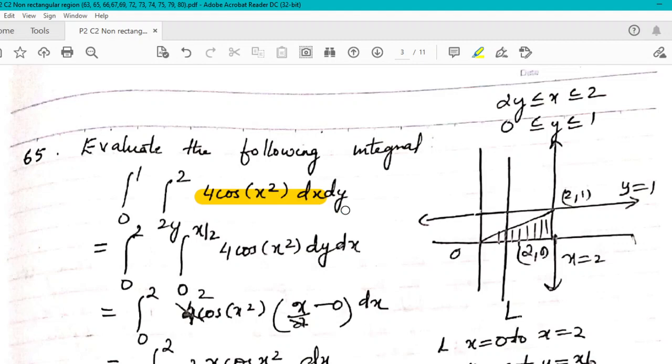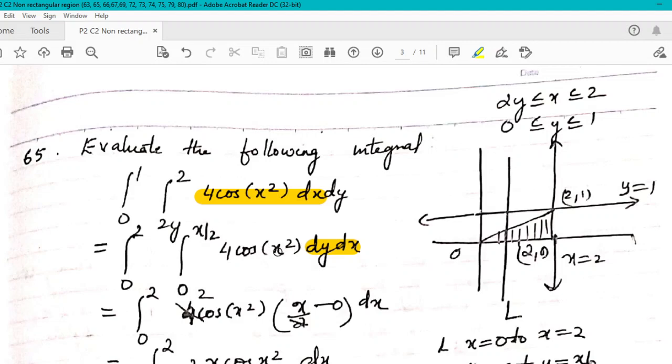But we are learning double integral, so we can think about changing the order of integration. Suppose it is dy dx. In that case, this cos x square becomes a constant. If you have to integrate dy, then this cos x square becomes a constant.